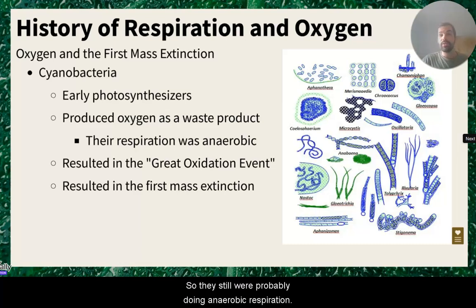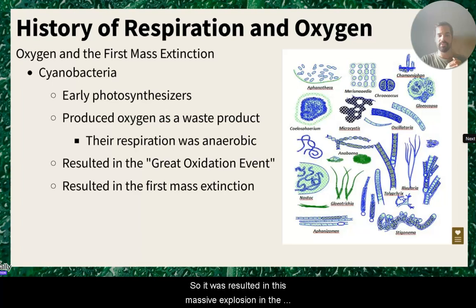They still were probably doing anaerobic respiration. They were producing oxygen as a byproduct of their photosynthesis, and then through their own forms of anaerobic respiration, breaking that down into other usable forms of energy. But the thing is, this was kind of deadly for them.